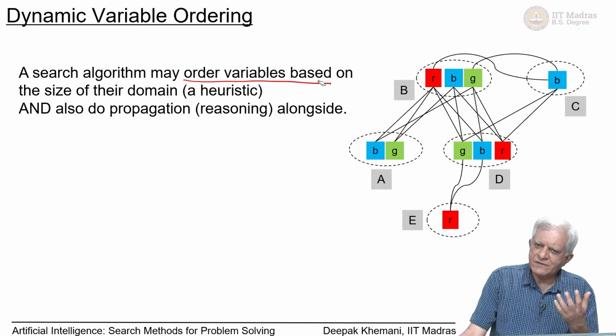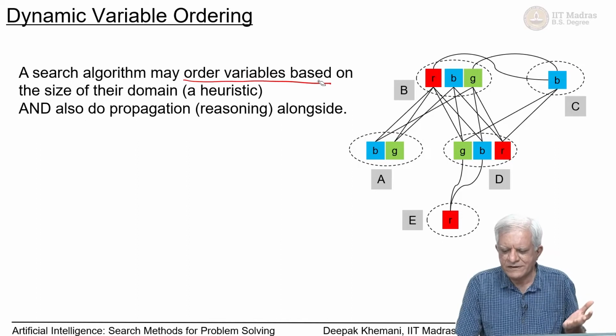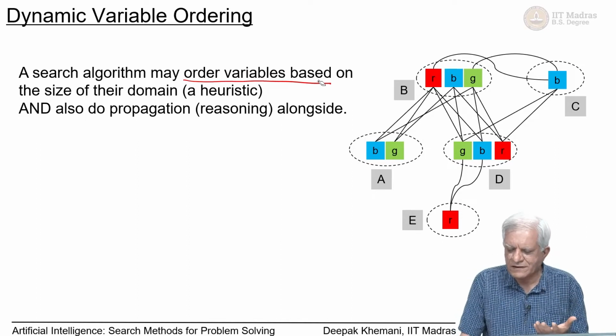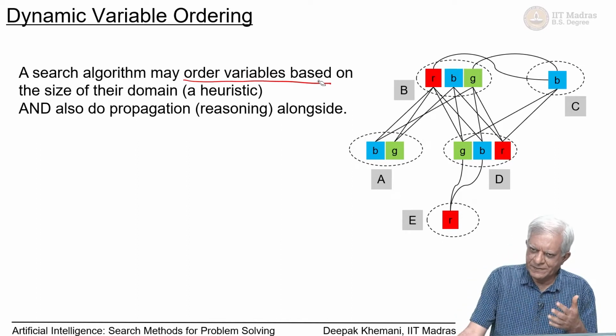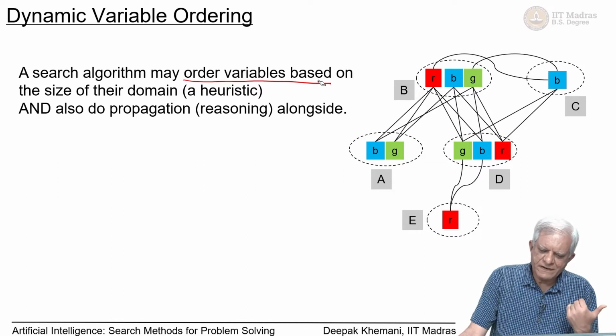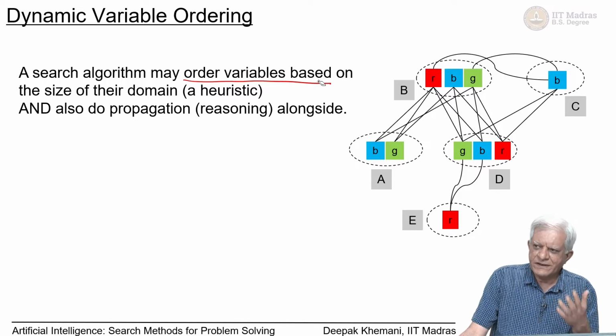The search algorithm will say, let me try different colors for different regions, but in what order should you try them? Either you can fix it a priori, or you can use an algorithm like dynamic variable ordering, which says choose the variables with the smallest domain first, because they have more constraints.